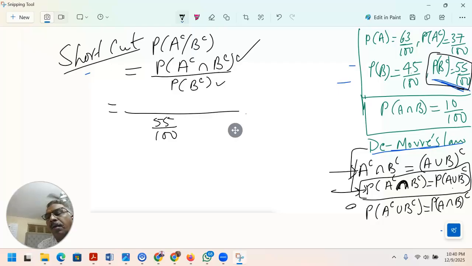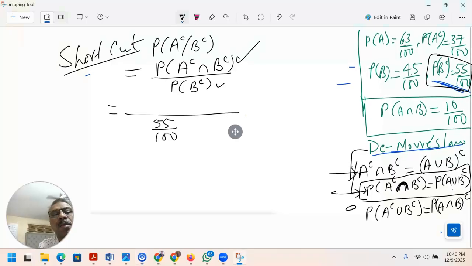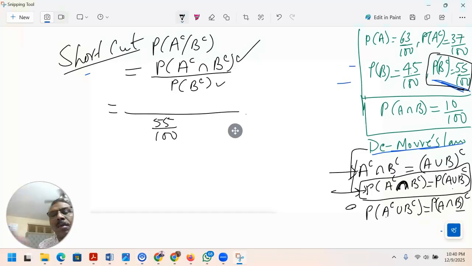So the numerator can be written as the probability of A union B, and then this is complement. Now, what is this A union B?